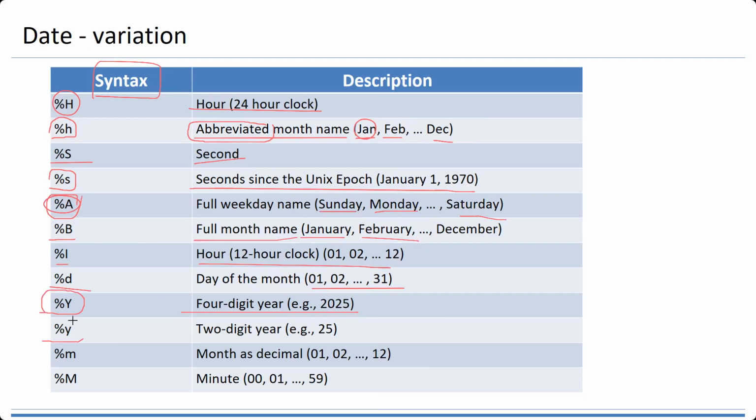If you use %y with small y, it is only 2 digits of the year. If you use %m, it is month in decimal. If you use %M with the big M, it shows the minute. Okay, so this is the format, and maybe you don't need to memorize this one because it is too complicated. But if you need other things, you can check from the library.